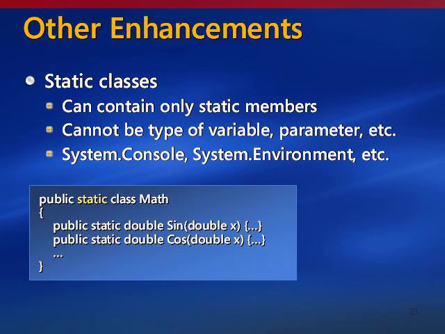What that does is, first of all, ensure that you can only have static members. If you try to write an instance member, we give an error. Second, we say it's an error to have variables or parameters of this type because it's meaningless. You could never have instances. System.Console and System.Environment are good examples of classes that use this pattern. So that's static classes.